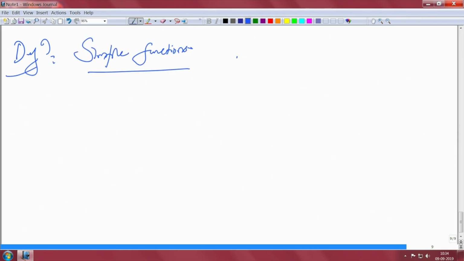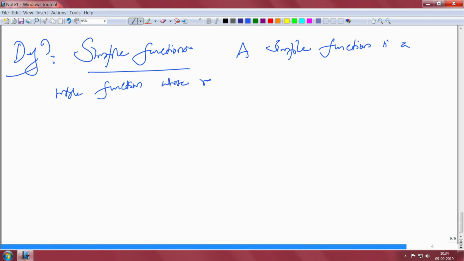Definition. So, a simple function is a measurable function whose range is finite.